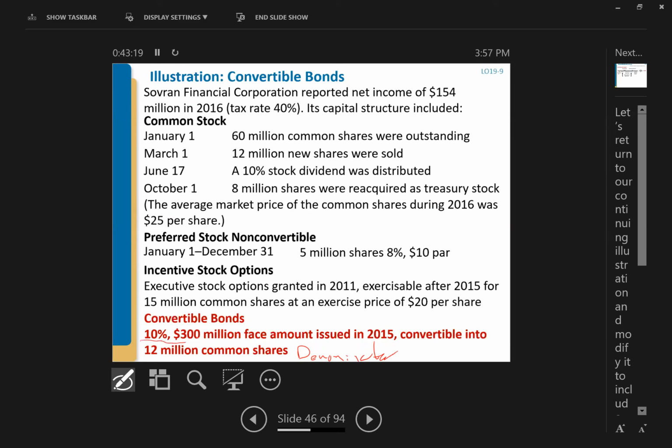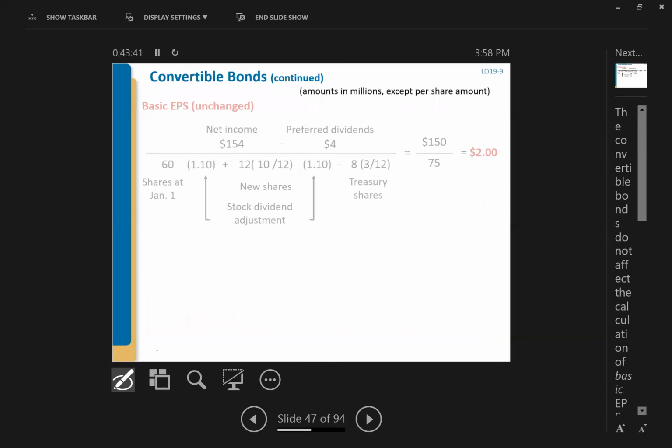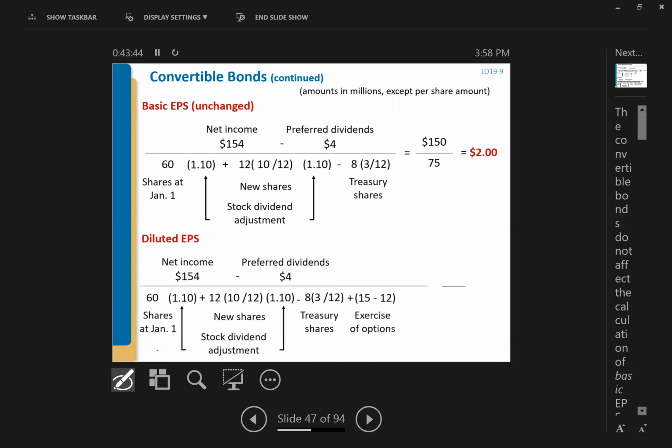However, the interest that we're saving on that, what is that, 10% of 3 million, so $30 million, we're going to save that. We're adding the conversion of the bonds, but we're saving that $30 million in expenses, therefore increasing net income by 30. However, because that's pre-tax, we have to subtract our tax.